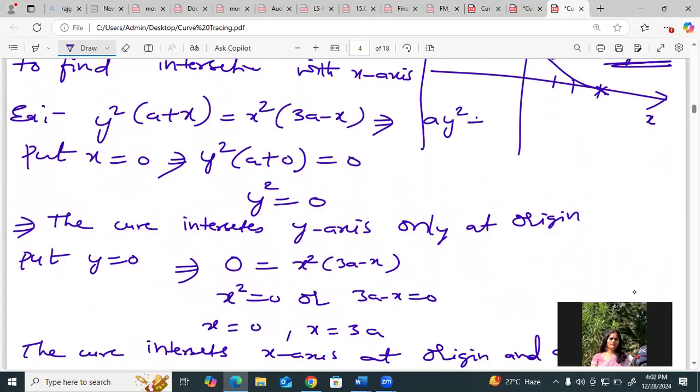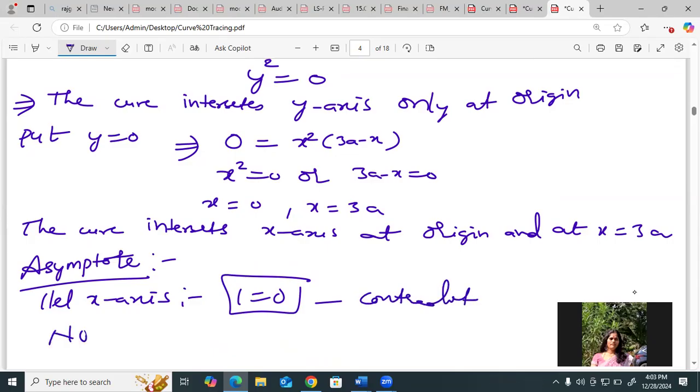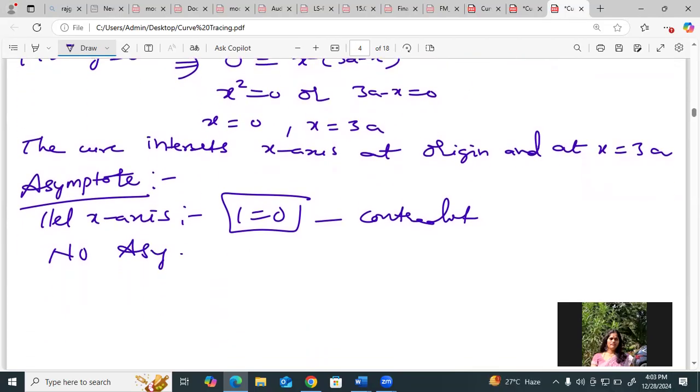The equation is ay square plus xy square is equal to 3ax square minus x cube. x cube is the highest degree term, so its coefficient would be 1. So 1 is equal to 0. This is a contradiction, so no asymptote parallel to the x-axis. Now parallel to the y-axis. How will I find it?